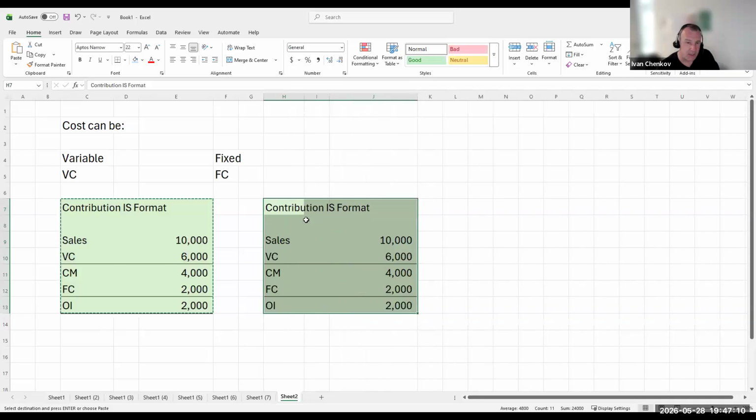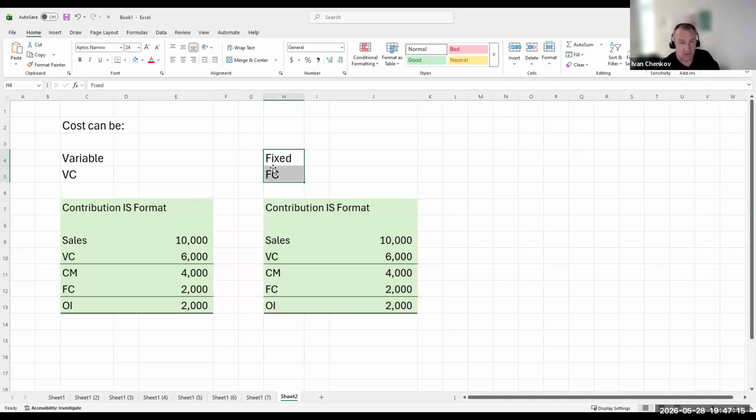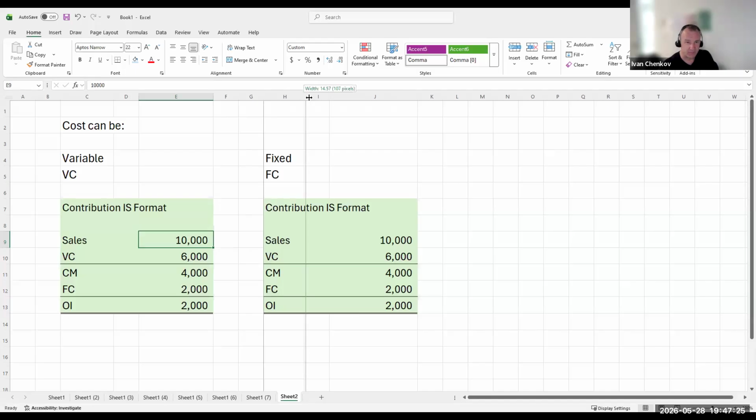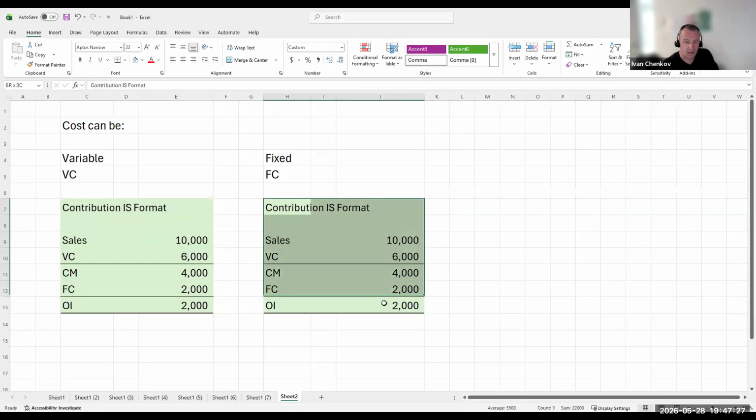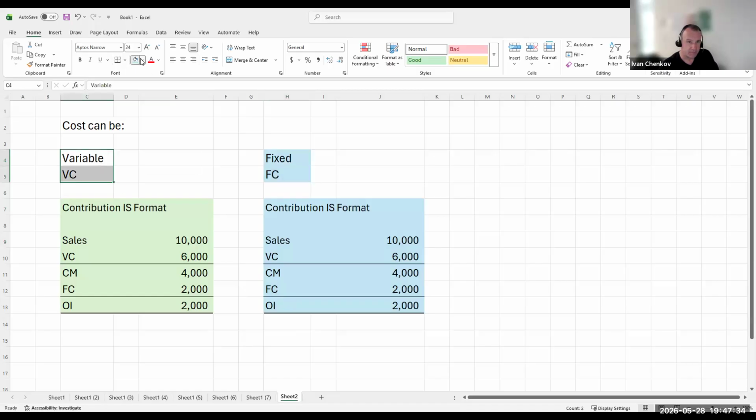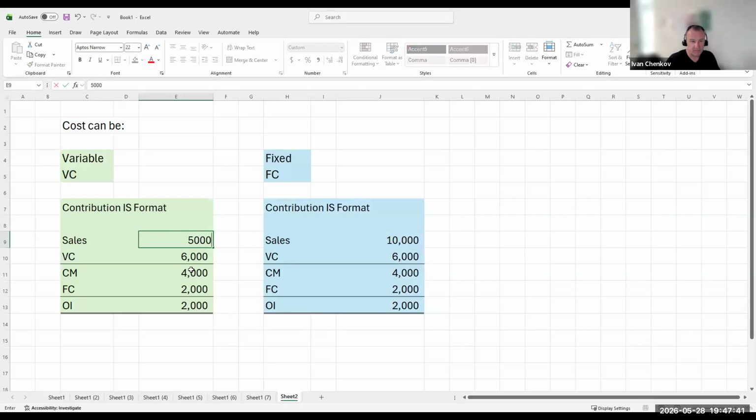In order to see that one, I have to come up with some example, which I'm going to come up with in a second. So imagine we have these two companies. One is exposed on the variable cost, the other one is exposed to the fixed cost. Let's mark it in different colors. Fixed cost is blue, variable cost is green. So let's go with sales of 500,000. That's my sales.